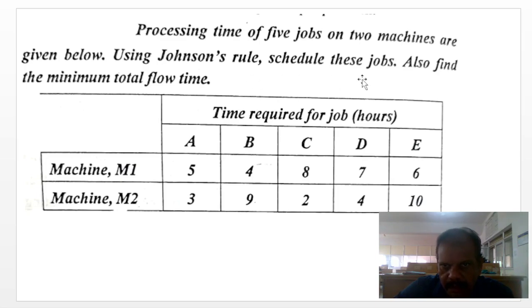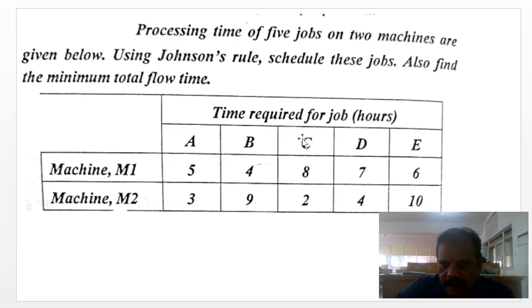That is the rule followed in Johnson's rule of scheduling. Given these working hours, we have to find the least flow time, that is, the schedule time. In this table, we can see that job C has 2 hours on machine 2. This should be taken first, and we have to design one order, A to E, so 5 boxes will be drawn first.